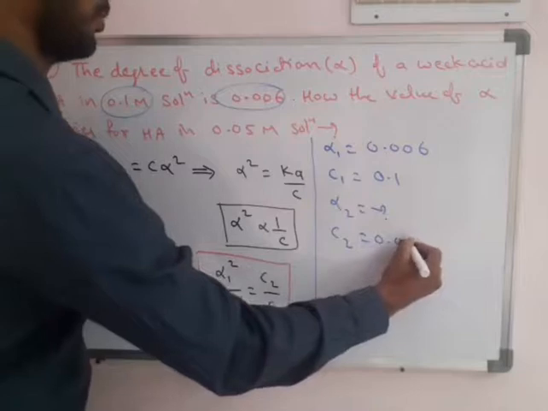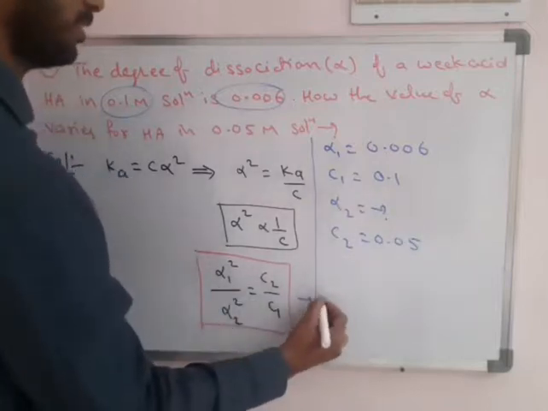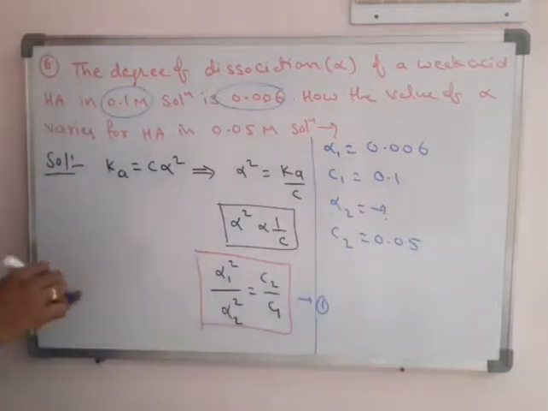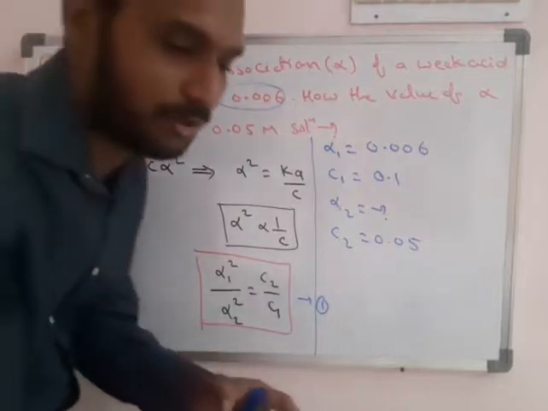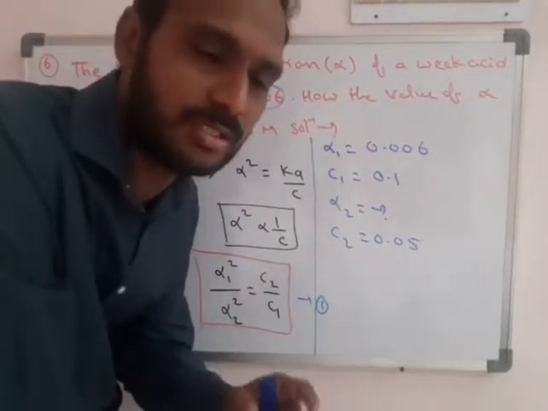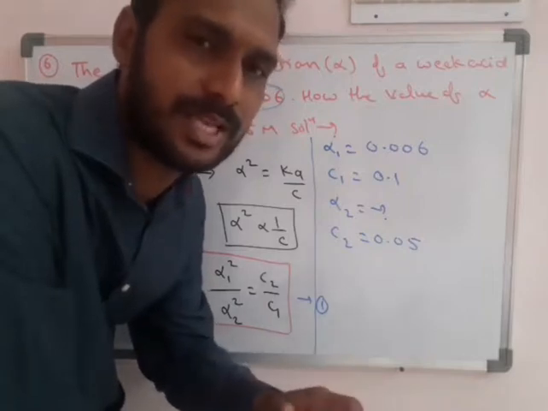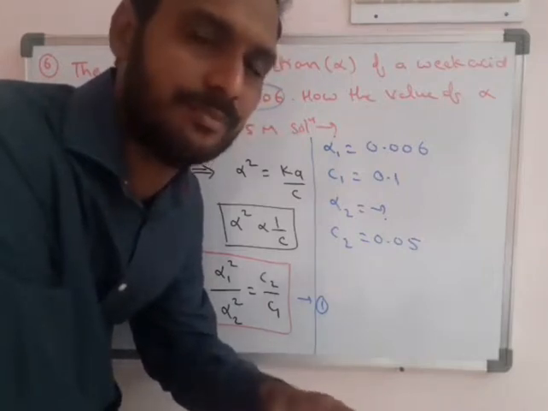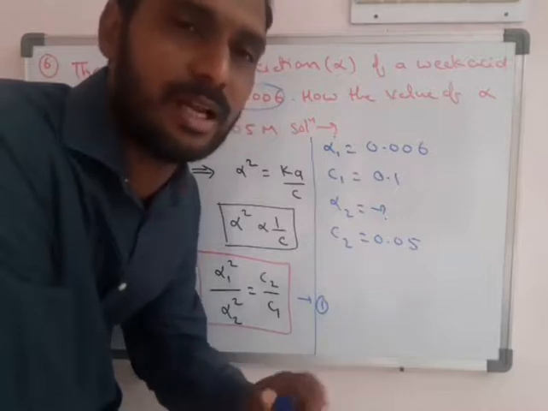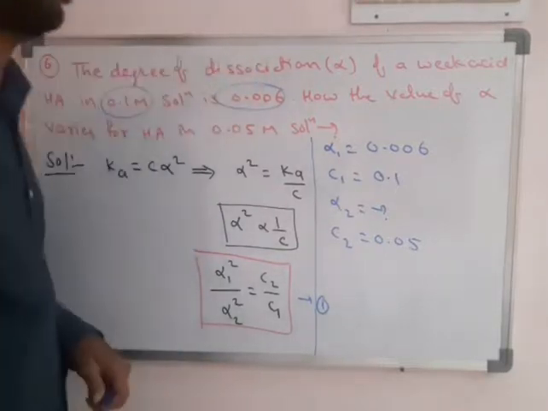What is C2? 0.05. So just substitute in equation 1. Just now we derived this formula, so with the help of known relations, we have to create formulas instantaneously according to the details given in the question.